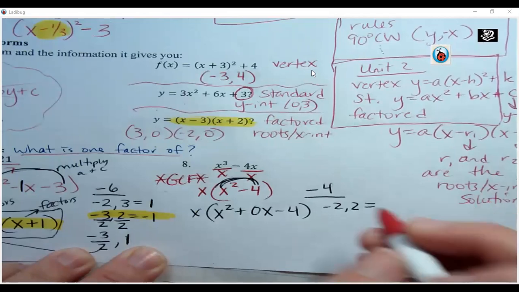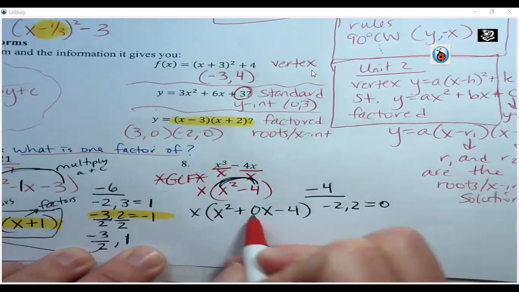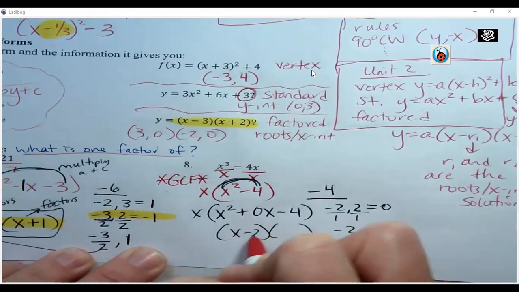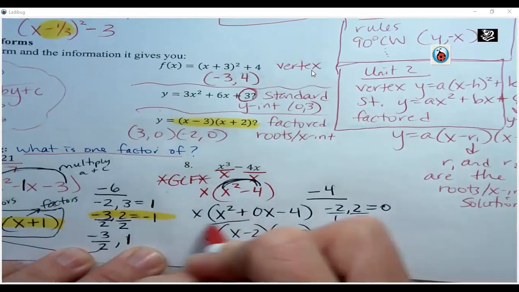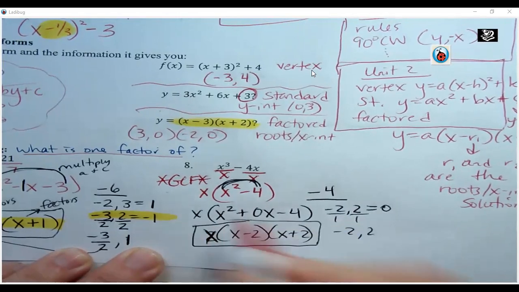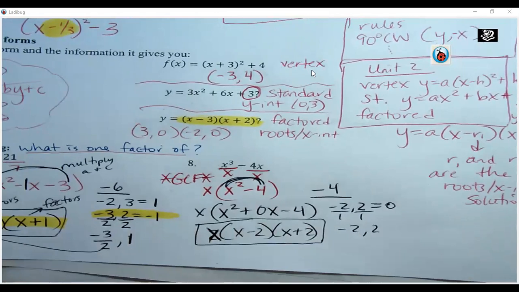Good. That's what I want. So, and you divide by a, they stay the same. So x minus 2, x plus 2. Oops, with the x off right. All right, so that is your answer. Questions?